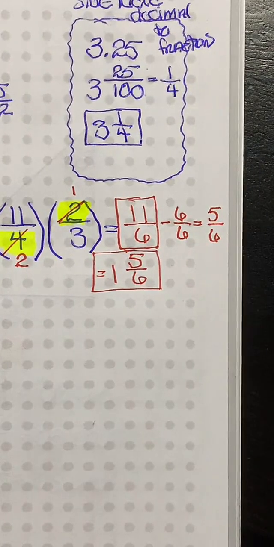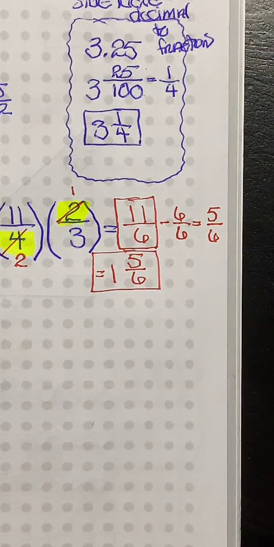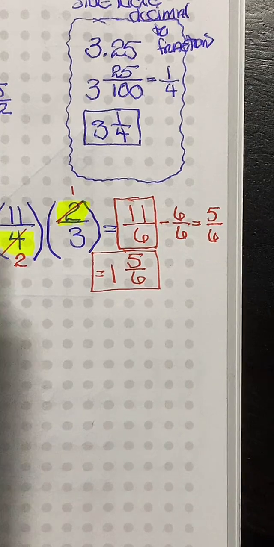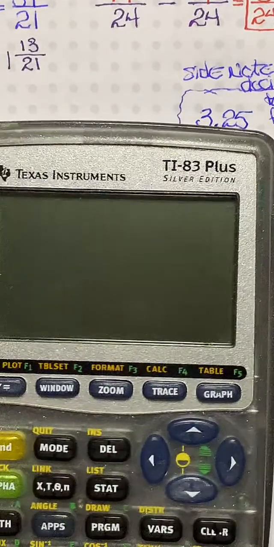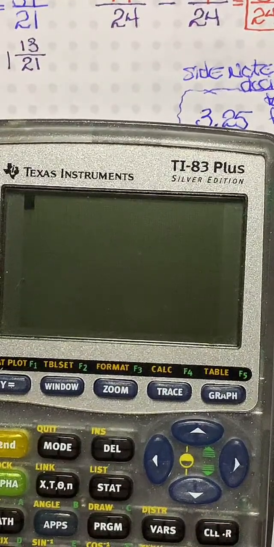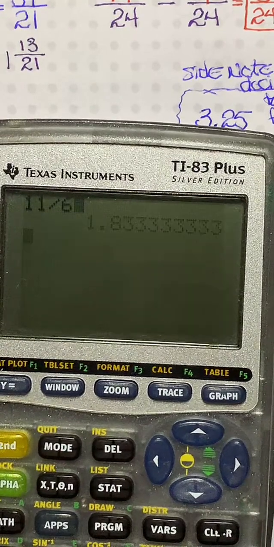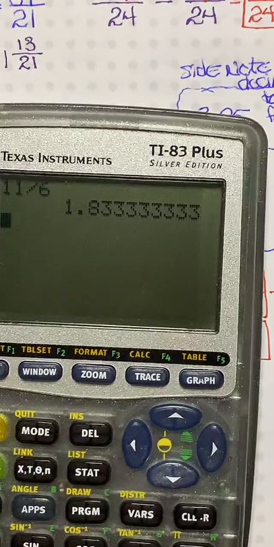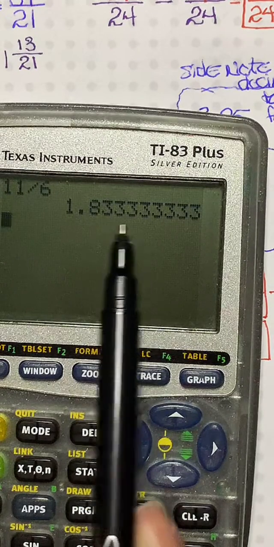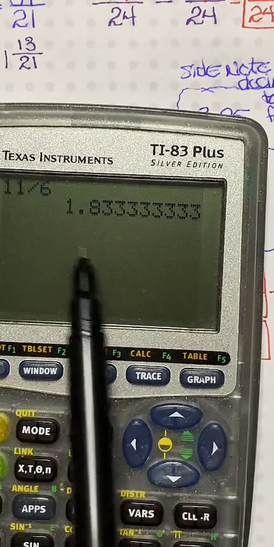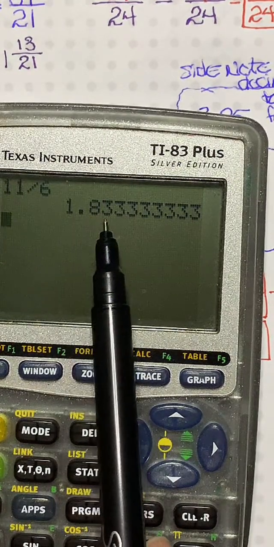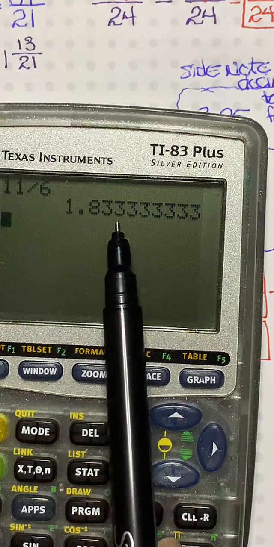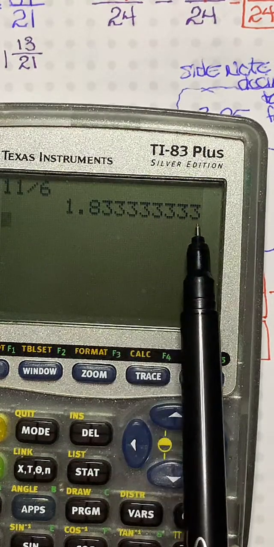But the one thing I want you to get used to is keeping it a fraction. If I just divide 11 by 6 on the calculator, I'm going to get this lovely decimal with the repeating 3's. If I just say my answer is 1.83, all these other 3's are being ignored.